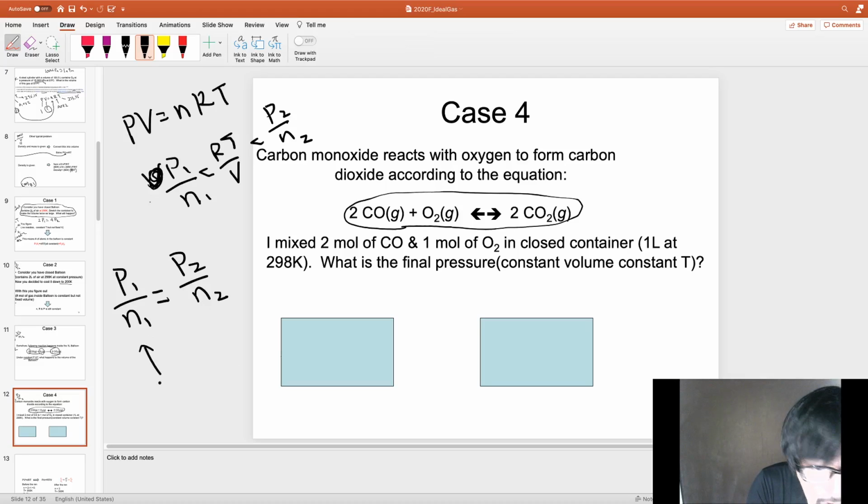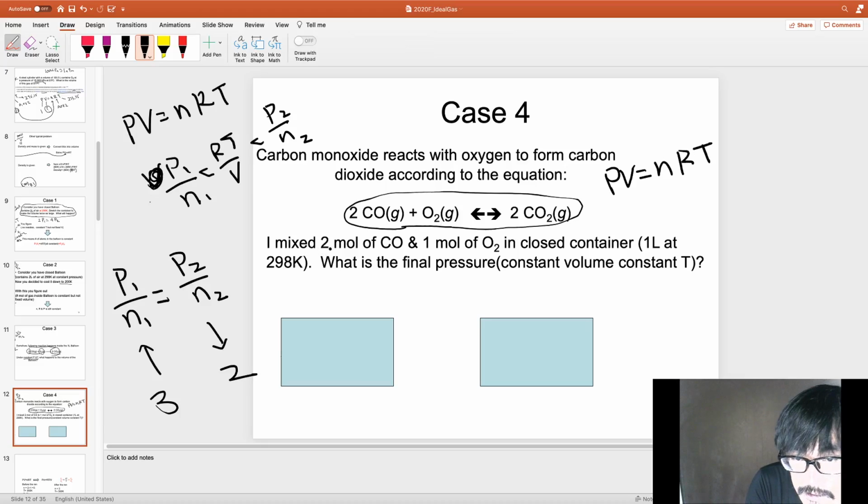So I had 3 moles, then 2 moles, and then P1 was, no, P1 is actually not given. What is the final pressure? For this particular case, you can actually calculate P1, right? PV equals nRT.